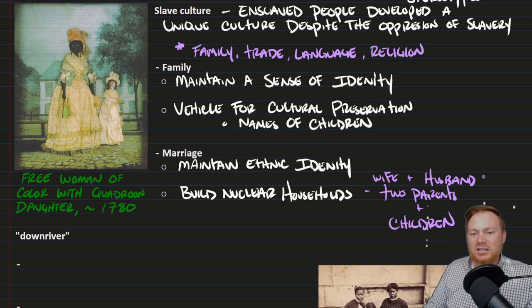This was the case for most families of enslaved individuals at the time. So, family and marriage provided vital institutions for maintaining ethnic identity, maintaining identity more broadly, and preserving culture.